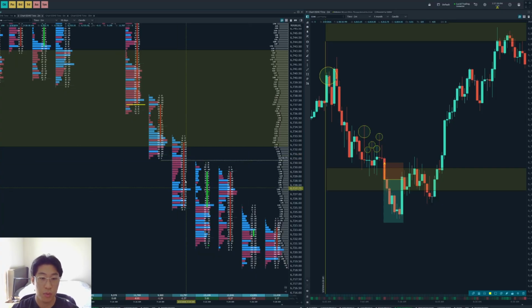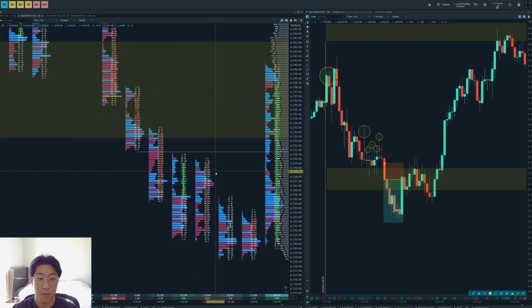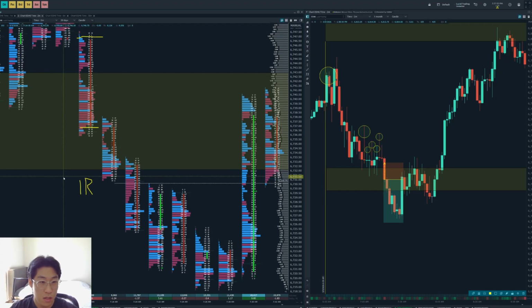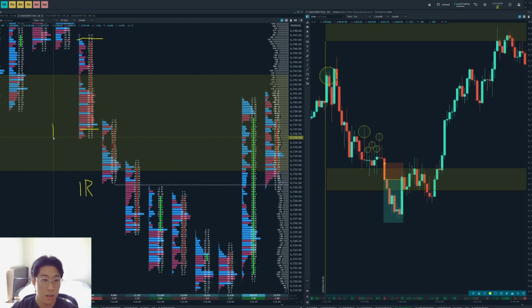If we were able to break below and hold, which we did, I was to move my stop to break even. And then the next point was if we were able to hit 67.23 and hold below, I was looking to take my stop and move it to this 1R area. Right. So that's 1R.